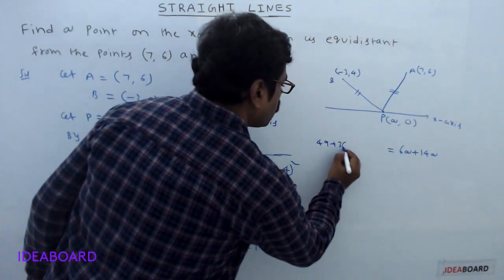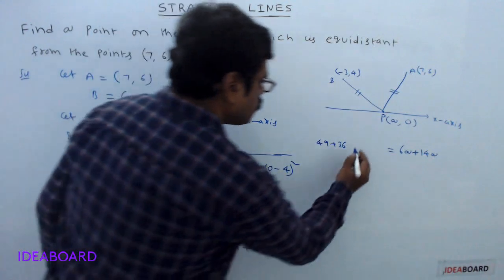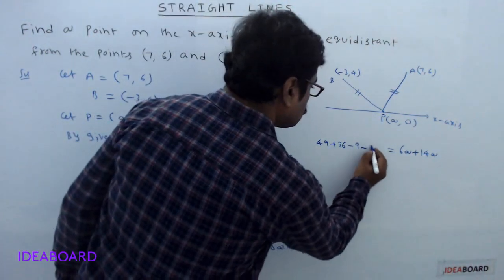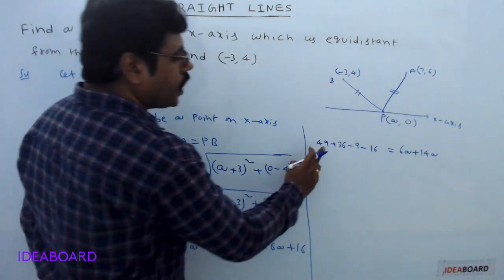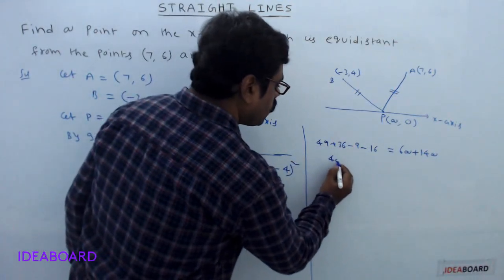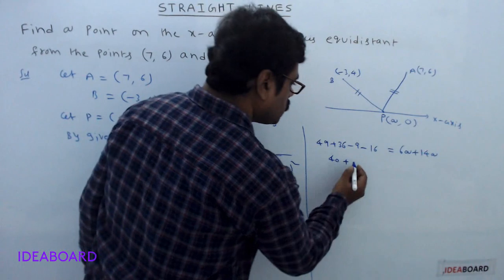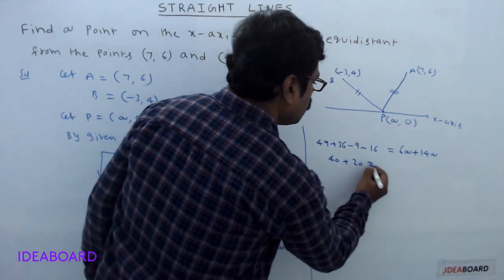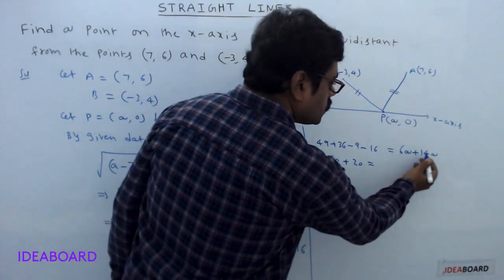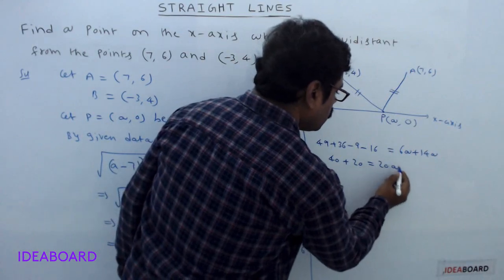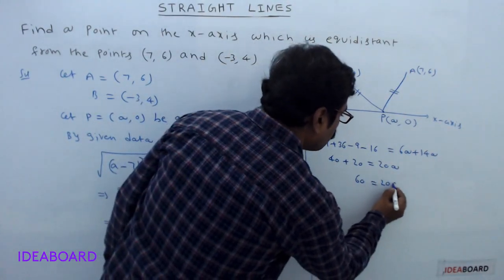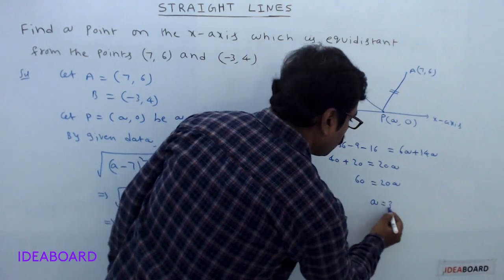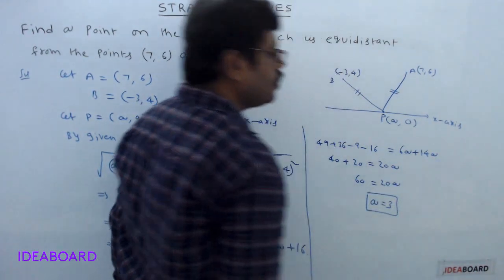So 49 plus 36, it is minus 9 minus 16. Now 49 minus 9, this is 40, plus 36 minus 16, it is 20, equals 6a plus 14a, it is 20a. So it is 60 equals 20a, therefore a value is 3.